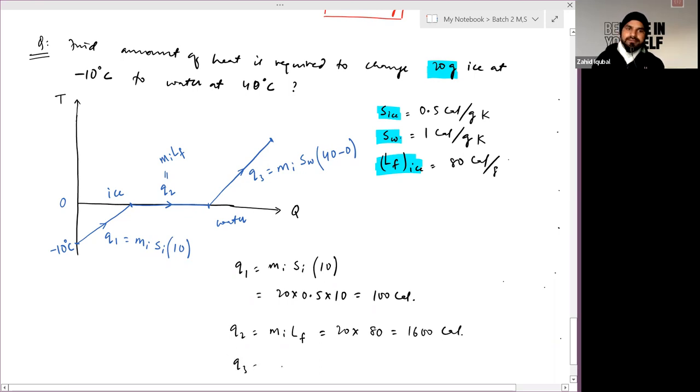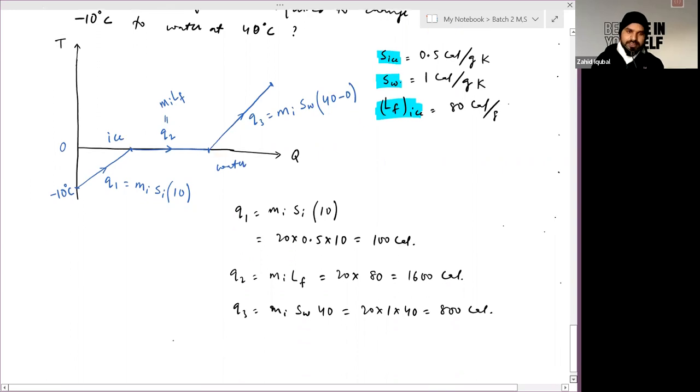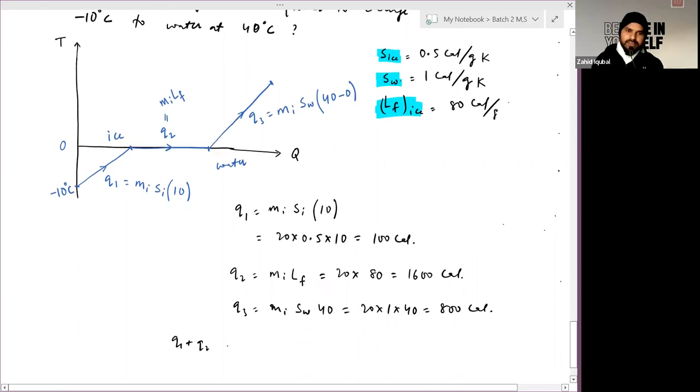The third part is to raise its temperature from 0 degrees Celsius to 40 degrees Celsius: mass times specific heat capacity of water times change in temperature, which is 20 into 1 into 40, 800 calorie. In total, adding these terms, the heat required for the whole conversion is 100 plus 1600 is 1700, plus 800, 2500 calorie.